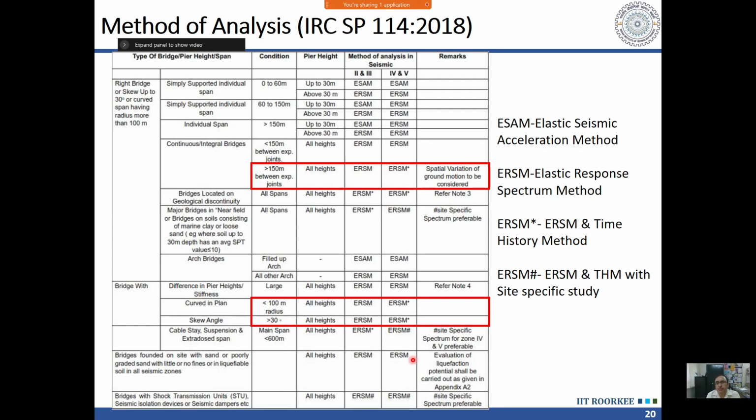Secondly, we want to predict the pounding and opening. For predicting that pounding and opening, we should go for 3D analysis, so we should make a complete 3D model. So these guidelines we can use to select different methods.